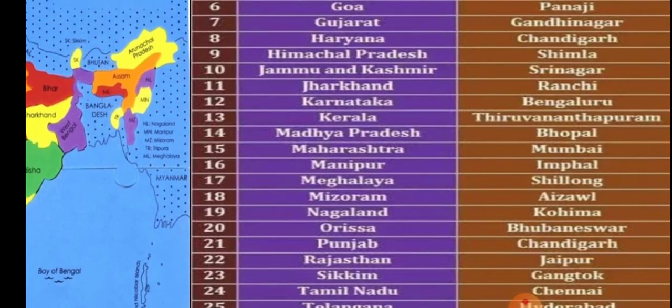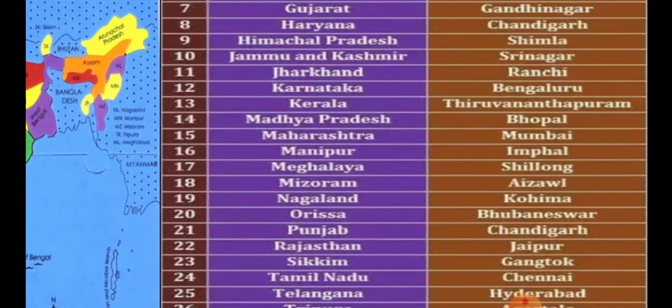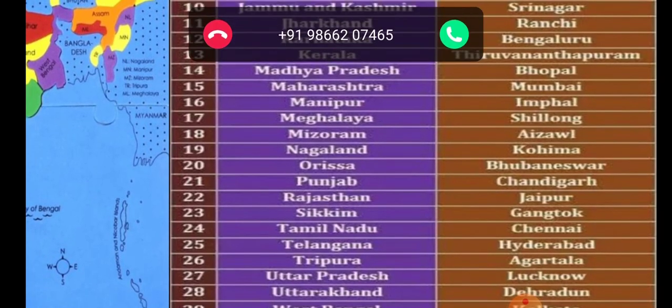Karnataka, Bangalore. Kerala, Thiruvananthapuram. Madhya Pradesh, Bhopal. Maharashtra, Mumbai. Manipur, Imphal. Meghalaya, Shillong. Mizoram, Aizawl. Nagaland, Kohima. Odisha, not Orissa, now it is Odisha, Bhubaneswar.